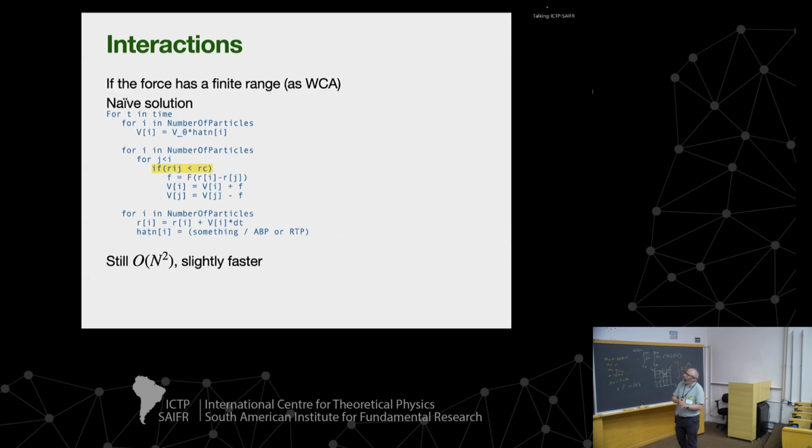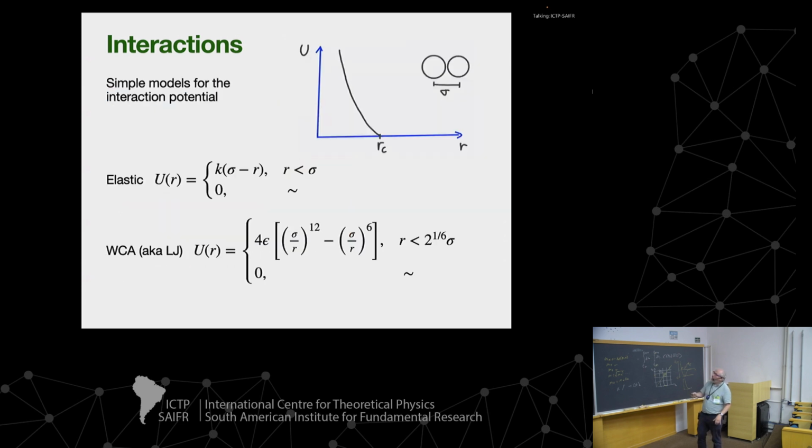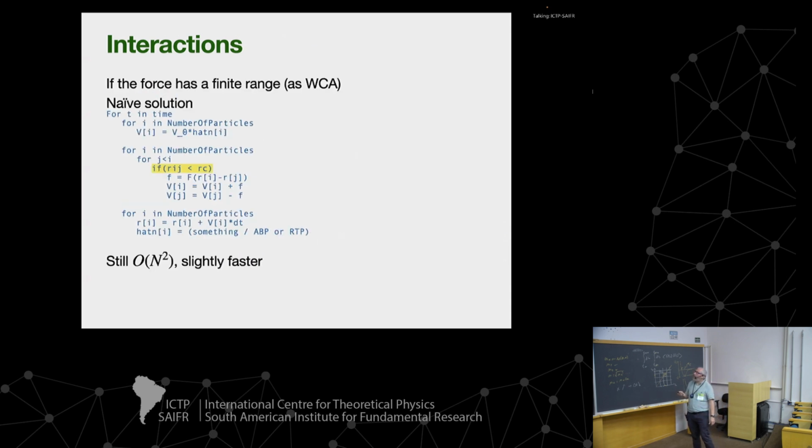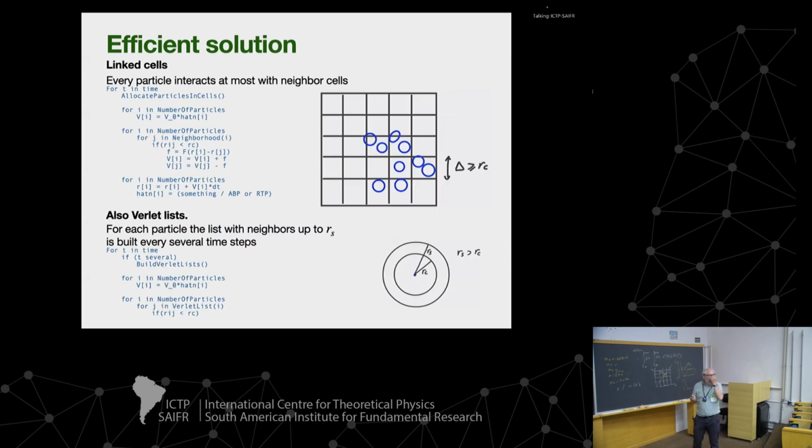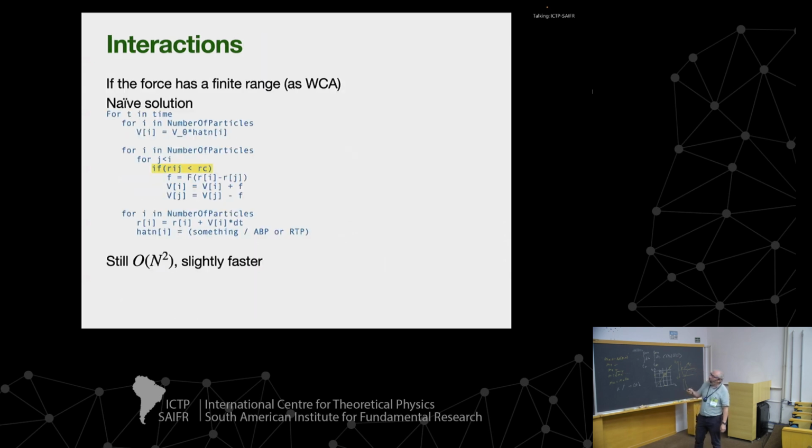So the trick consists in noticing that both the elastic potential or the WCA potential, or any potential that you use, has a finite range. So a nice solution is to do the same as before.